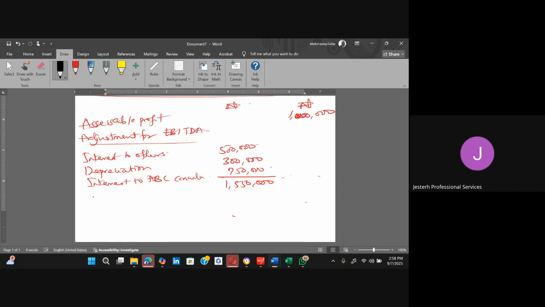So then we now have the interests, because our total interest that will be allowed for the adjustment for the EBITDA is not going to include that 200,000 that is for tax exempt. We also need to deduct less interest on tax exempt income, which is 200,000.